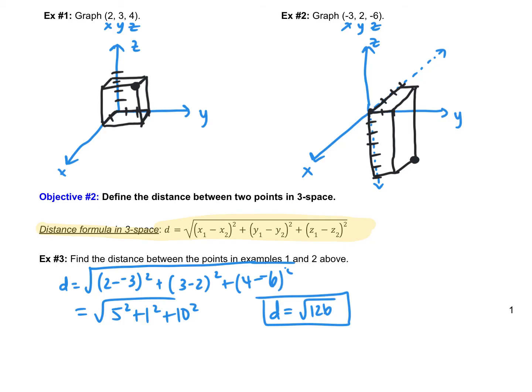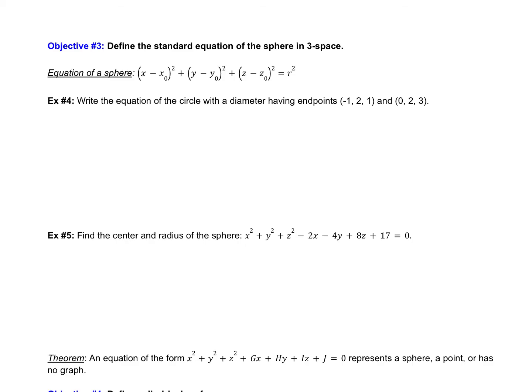Okay, so then the next thing that we're going to do, where this leads us to then, is the equation of a sphere. So at the top, you're going to notice the equation of a sphere, so a circle in 3-space. And again, it shouldn't shock you. It's very similar to the equation of a circle in 2-space. You're going to have your center be that x naught, y naught, z naught.